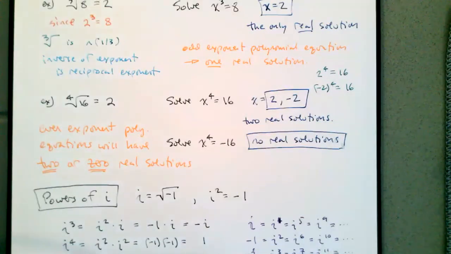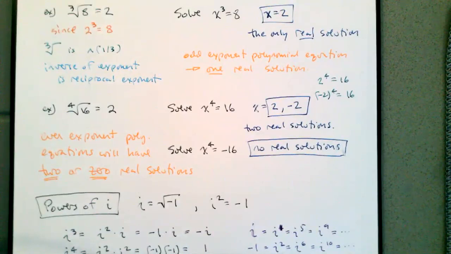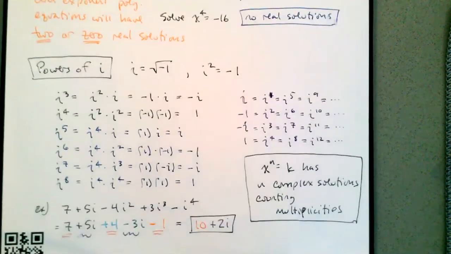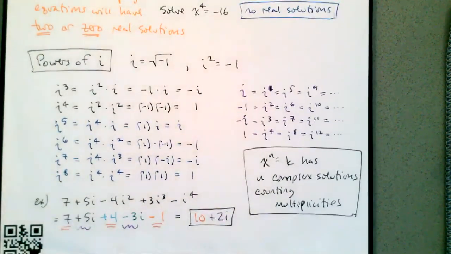X to the third equals 8 has one real solution, but it has three complex solutions. X to the fourth equals 16 has only two real solutions, but it has four complex solutions. If we start allowing complex numbers in the solving equations game, then our polynomials, whatever the degree is, that's how many solutions we're going to have, counting multiplicities.